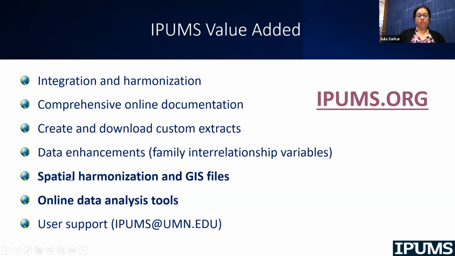What I am going to specifically focus on is the GIS and the geography information in all these data sets and spatial harmonization. So I'm going to throw in some jargon, but I'll explain as I go along. And then the next part of my presentation is on online data analysis.